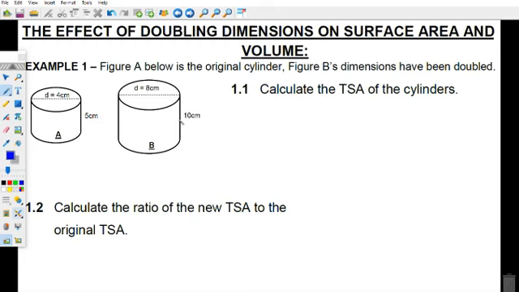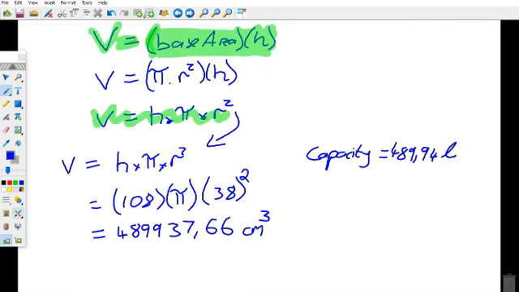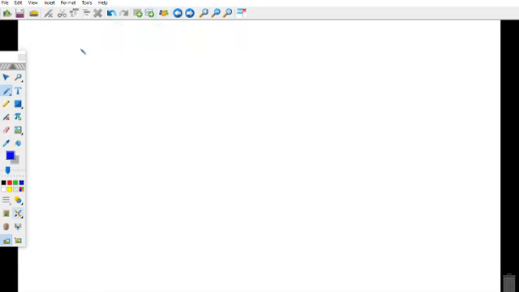So we had a 1:4 ratio for area, because when we double our dimensions, we go from 1 to 2, but because it's area, we're going to be squaring it. So it's 1 to 2 squared for area.